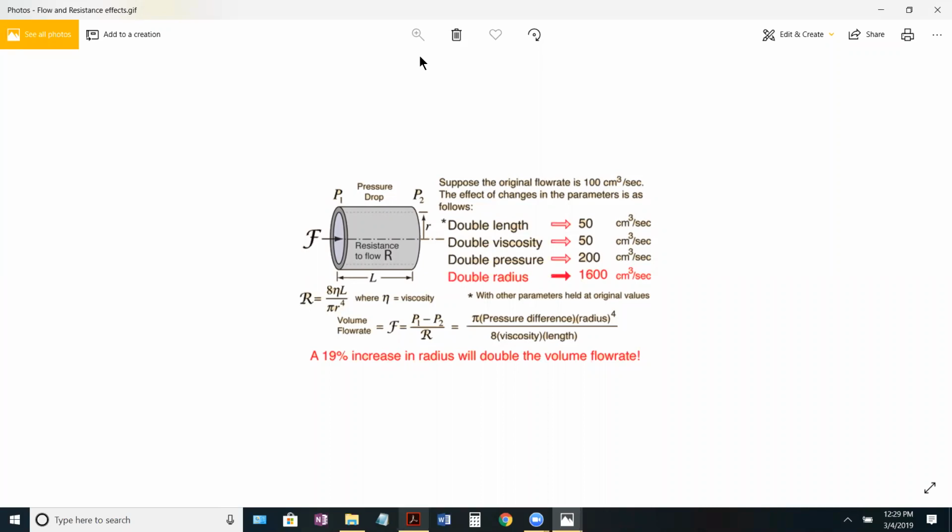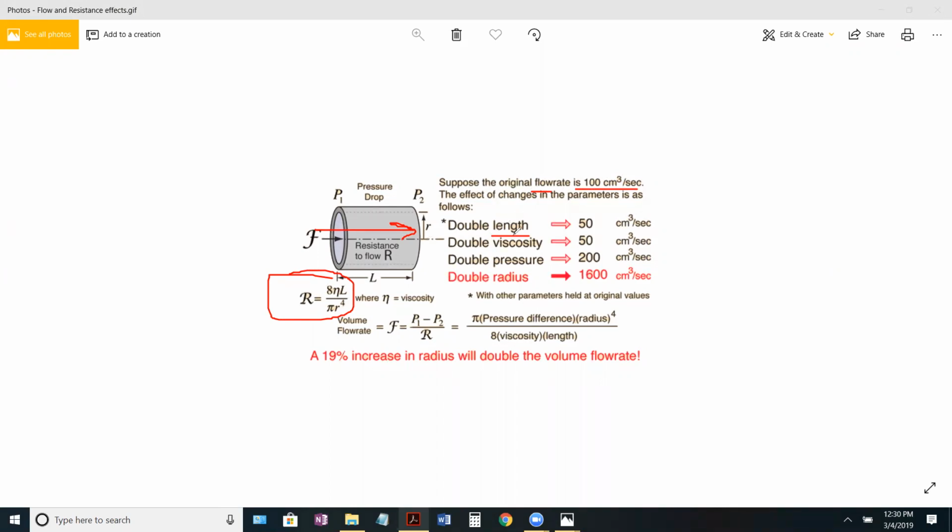But the exam always asks you questions. You will see many questions targeting this equation. What is the equation? So if this is the blood vessel, I double the length. So suppose the flow rate is 100, means the flow through this resistance channel is 100 centimeter cube per second. I am going to change the resistance and viscosity of the blood flowing through this blood vessel.